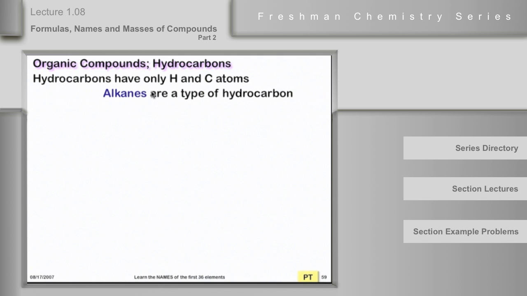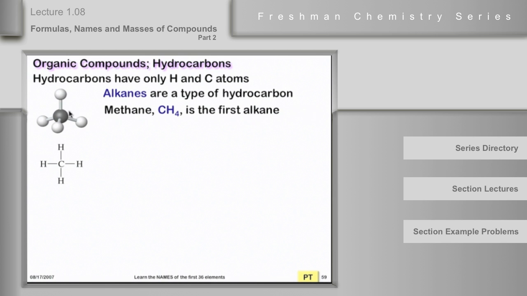So there are a series of hydrocarbon compounds called alkanes, and they are the simplest hydrocarbon compounds, and that family starts off with methane. Methane has a formula CH4. It is the simplest alkane and one of the simplest hydrocarbons.